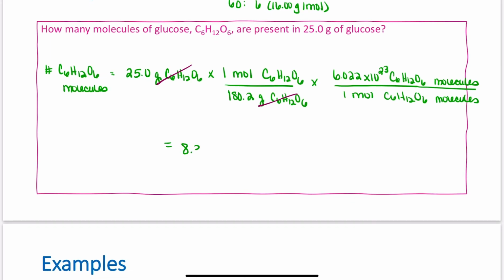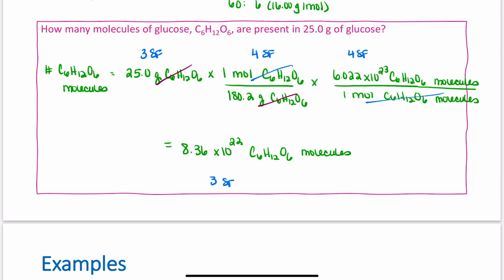Calculate this through, and I get 8.36 times 10 to the 22nd C6H12O6 molecules. And the moles here have canceled. Let's check your sig figs. 3 sig figs, 4 sig figs, 4 sig figs, 3 sig figs. So that is the correct answer.